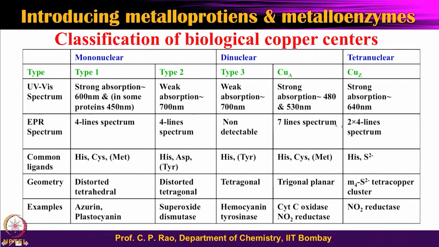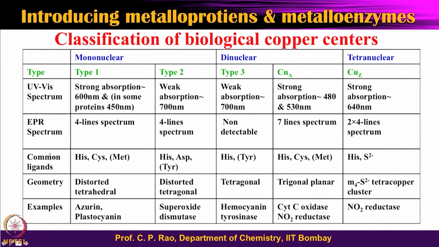Copper A has a 7-line EPR, and copper Z has 2 into 4 line, because it is further coupled. So, you have initially 4 lines, and each of the lines is further divided into 2 lines.